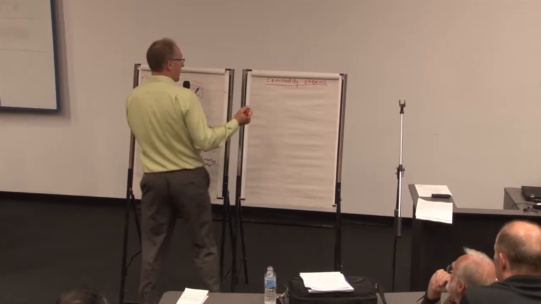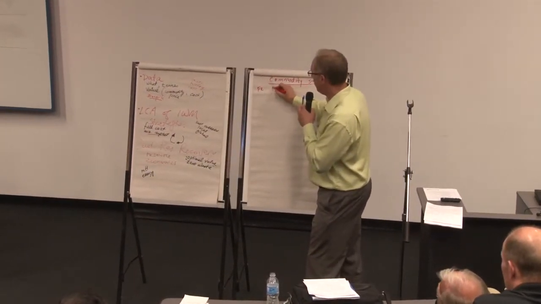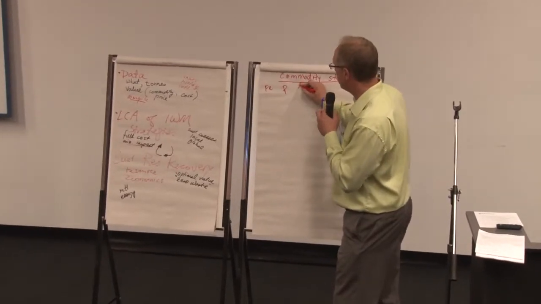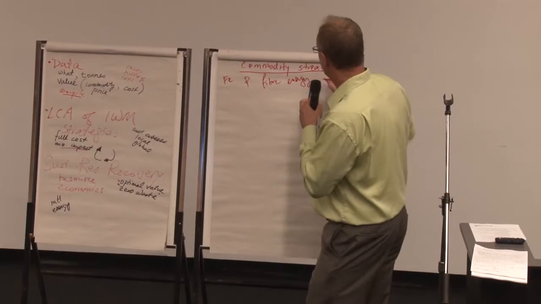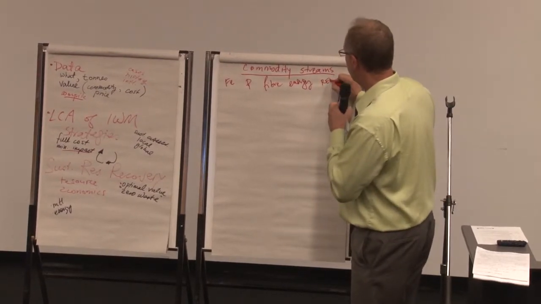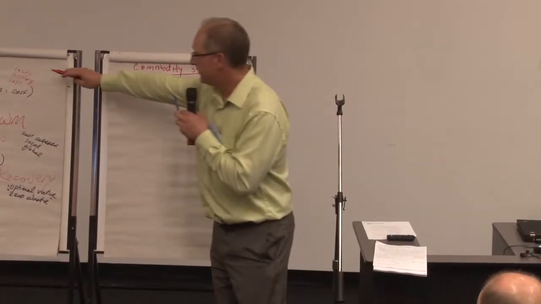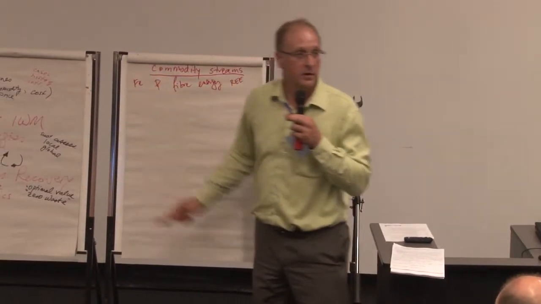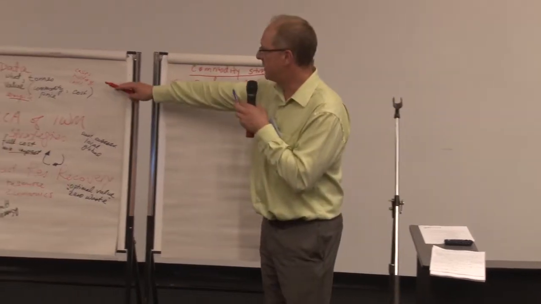So you could think of steel as a commodity stream, or phosphorus as a commodity stream, or fiber, or energy, or rare earth elements as a commodity stream. We need to know where it is, how much is there, how it's changing over time, historically, what do Europeans do with it.